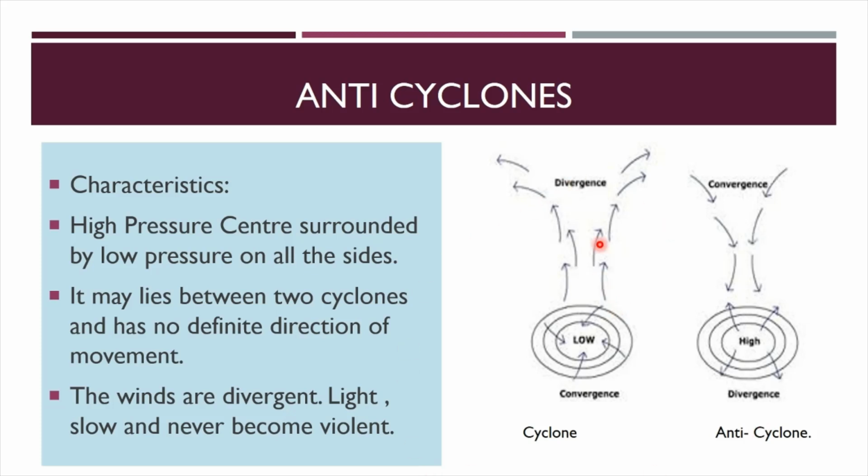So this is a comparative study we learned. Cyclones we already learned, but for your purpose I have given both here. In this characteristic we are discussing only anticyclones. The winds are divergent, light, slow, and never become violent.